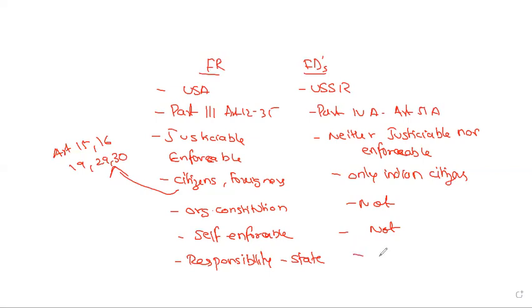Then the responsibility to observe the duties is on the individual. The responsibility is on the state here, and it's on the individual here. Then fundamental rights are complementary to duties, and duties are complementary to fundamental rights. So that's what we mean by correlatives.